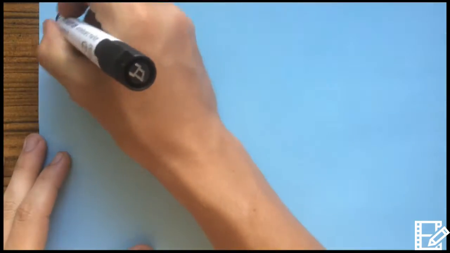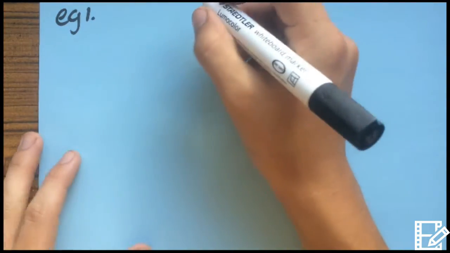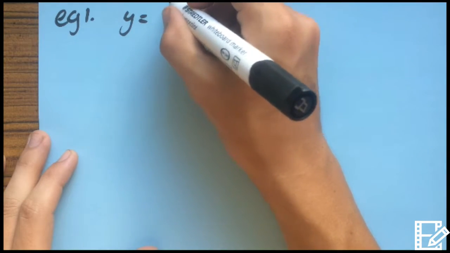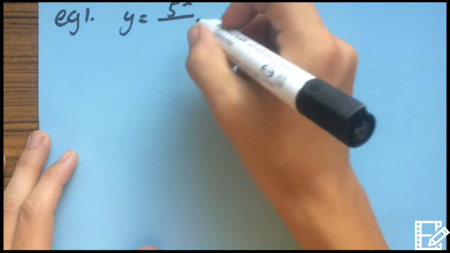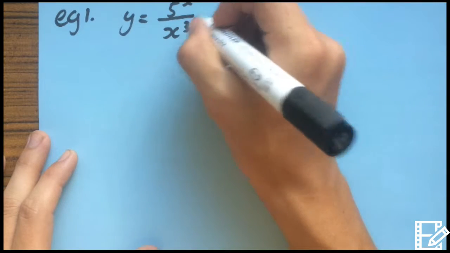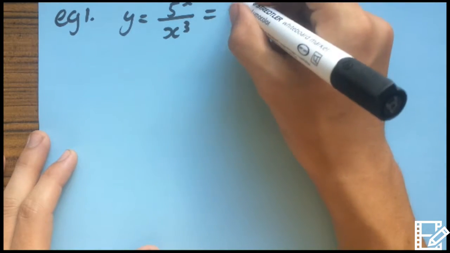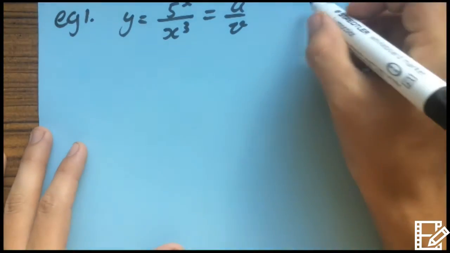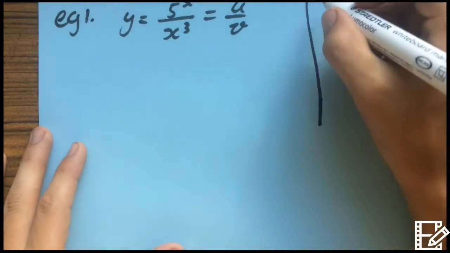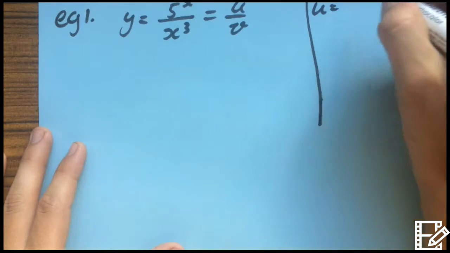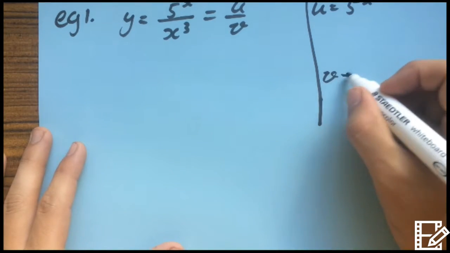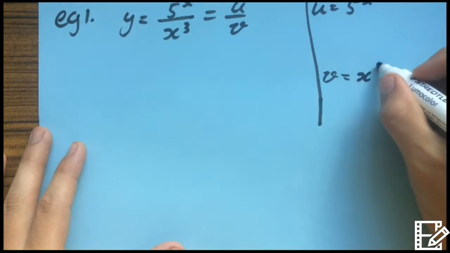Let's start with an example. Say you have y equals 5 to the power of x over x to the power of 3. We have our function over our other function. Say u equals 5 to the power of x and v equals x to the power of 3.